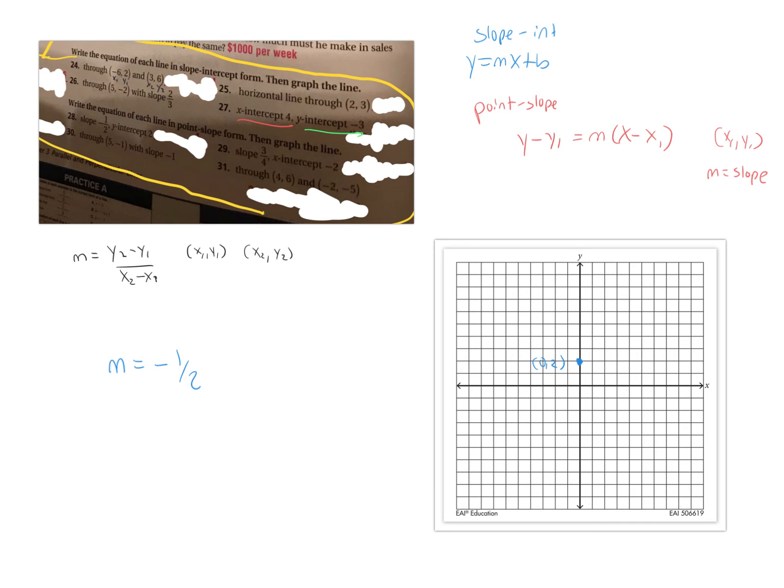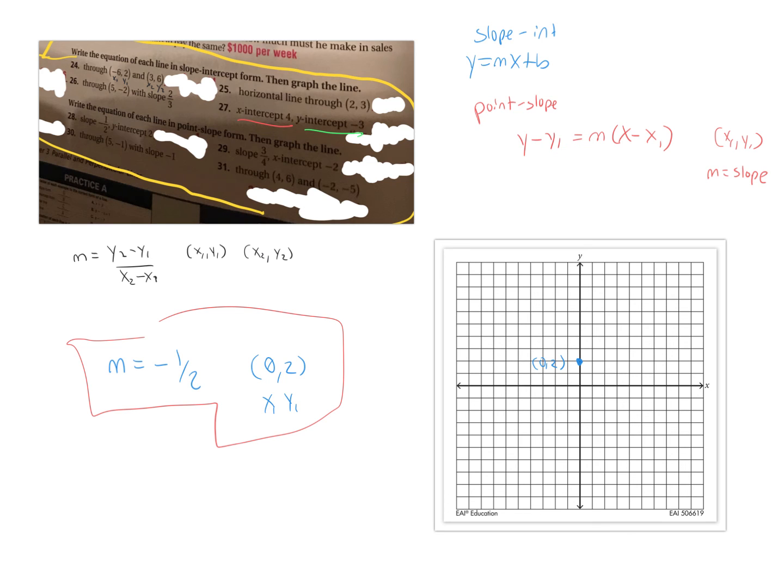So we could say that 0, 2 is x1, y1. So we already have enough information. We have a slope and we have the point that the line goes through, which means we could plug it in here. Maybe I should just color code all this in red from here on out because this red box applies to this red equation.